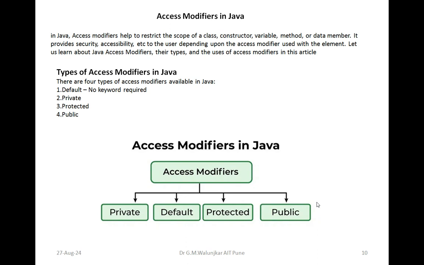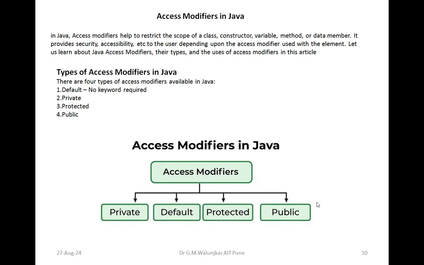So it provides security and accessibility. Again, you can see encapsulation sort of thing. Different concepts which are there in object-oriented programming are also supported through these access modifiers, or to be specific, with respect to Java in our case. So we'll see how Java access modifiers work, their types and uses.